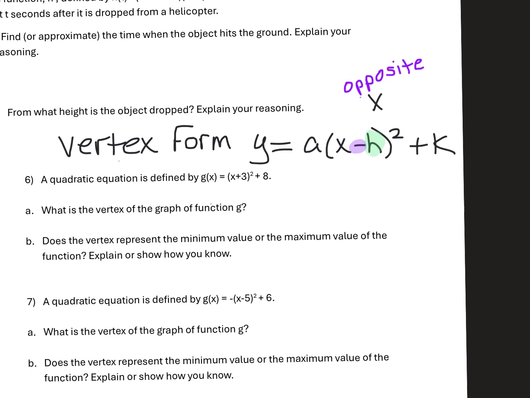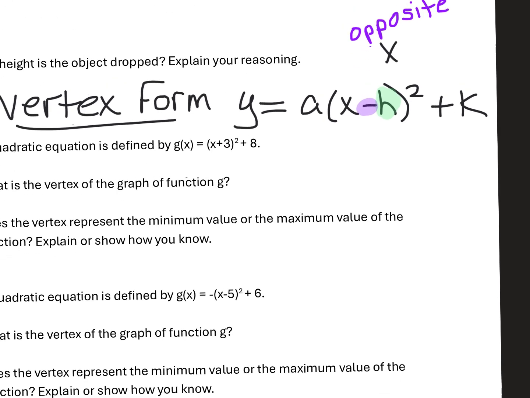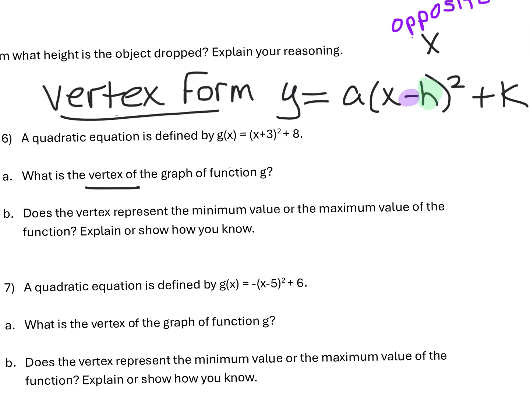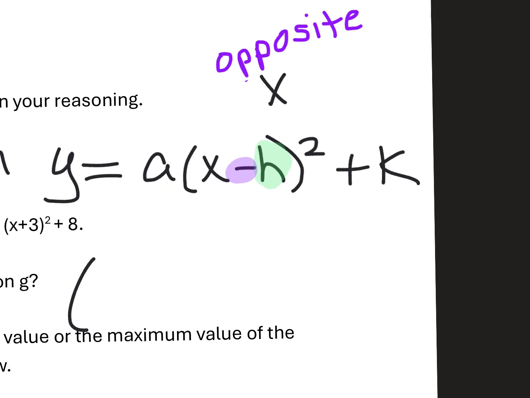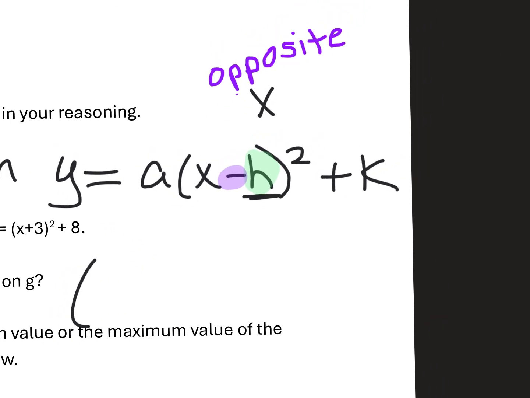For number 6, this equation is in vertex form. And so it's asking for the vertex of the graph. So first of all, remember that the number, the h inside of the parentheses, is your x-coordinate, but because of the minus in front of it, it's going to have the opposite sign.